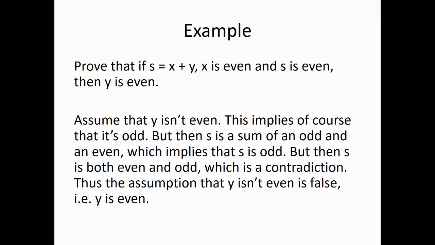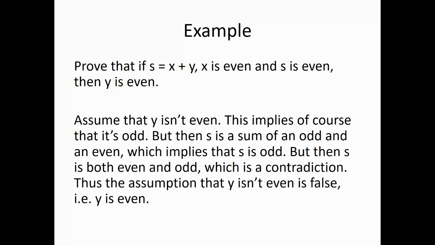We will do this indirectly. How does that go? Well, let us assume that Y isn't even. That is, let us assume the negation of what we wish to prove and ask what follows from that. If we assume that Y isn't even, this means, of course, that it's odd. And then S is now a sum of an odd and an even.